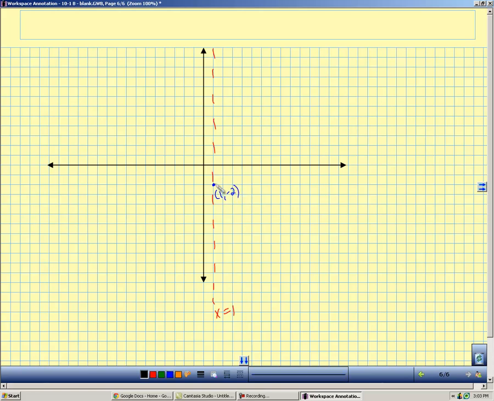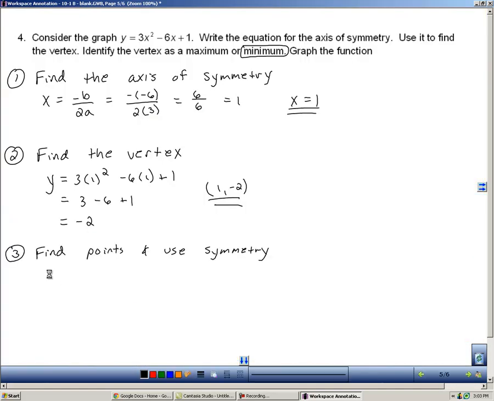Now, I'm either going to plug in points to the left or to the right. So I'll either do 0 and negative 1 or 2 and 3. Now, I always like 0, so I'll plug in 0 for the x. So 0, 0, and 1. So when I plug in a 0, I get a 1.